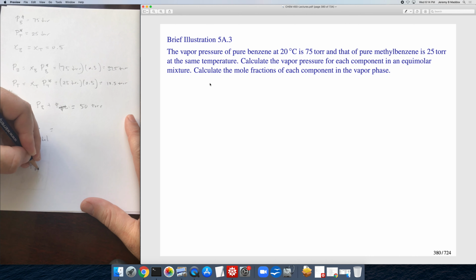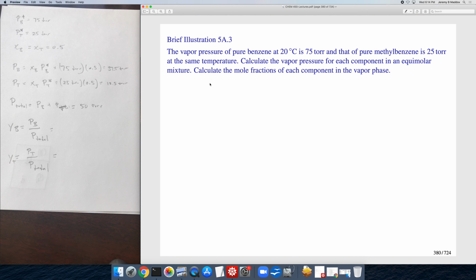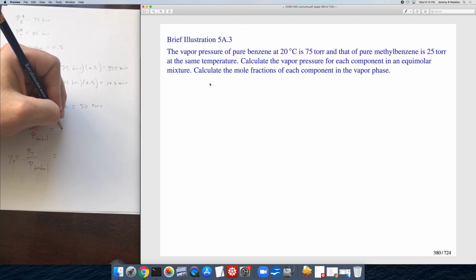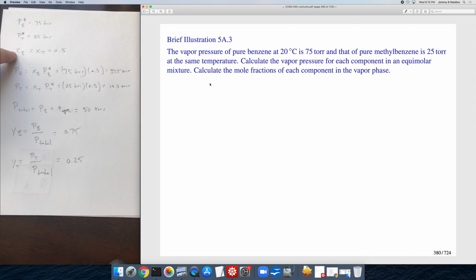And so we'll get those numbers real quick. 0.75, 0.25.